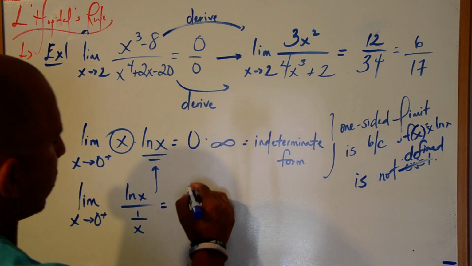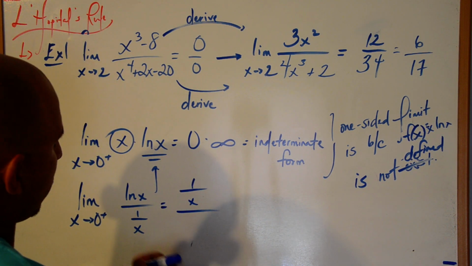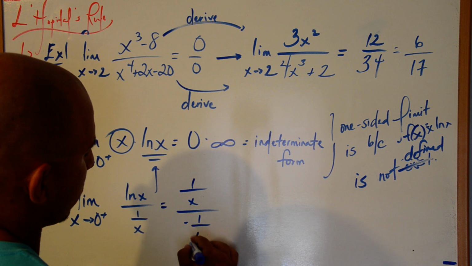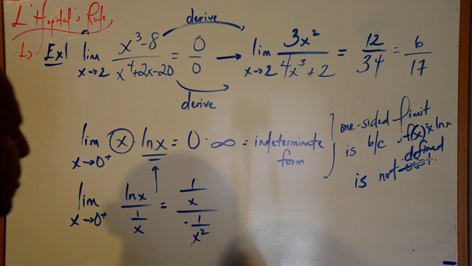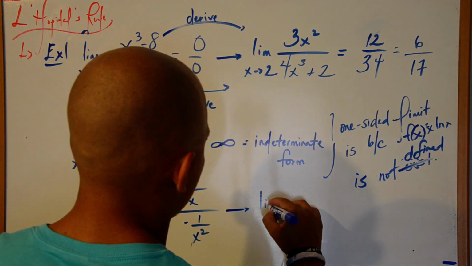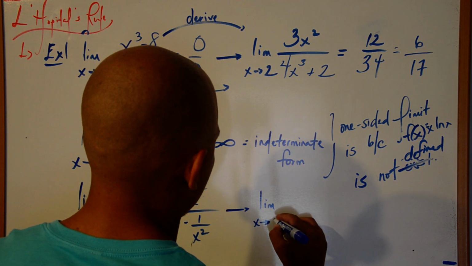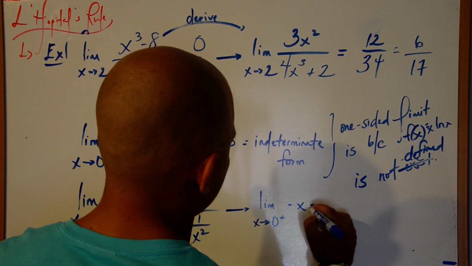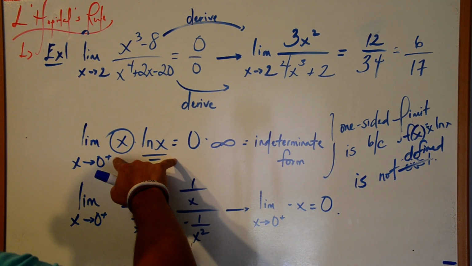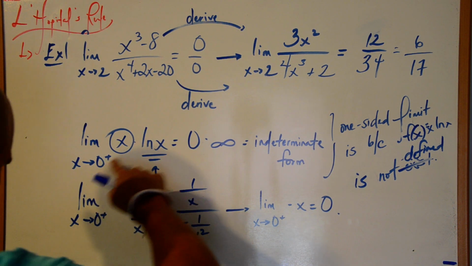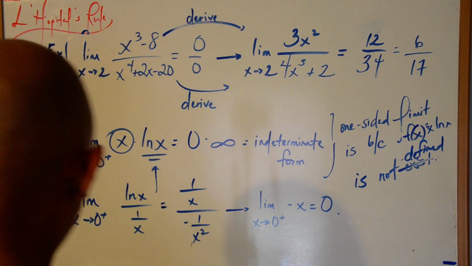If I derive natural log of x, I get 1 over x, and if I derive this, I get negative 1 over x squared. Which, if we simplify, gets us here. So we can see that the behavior of this function, as x is approaching 0 from the right, is going to tend towards 0.